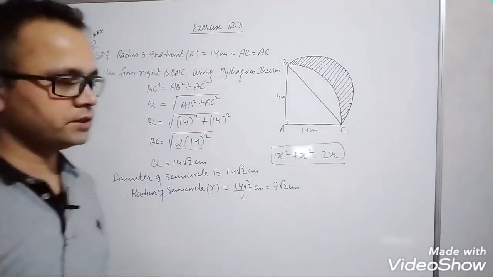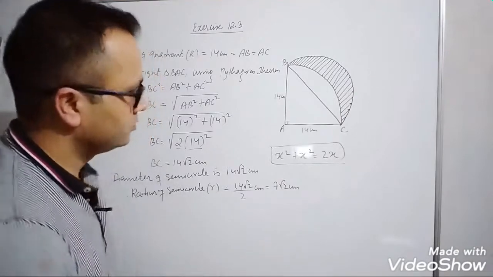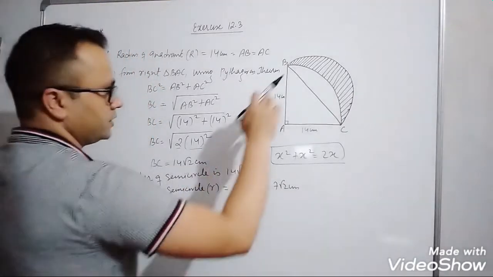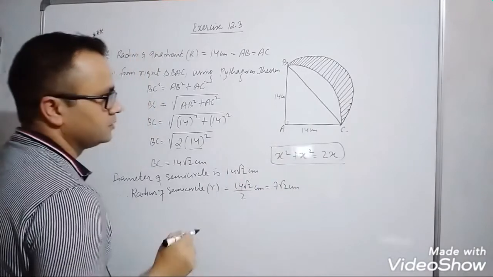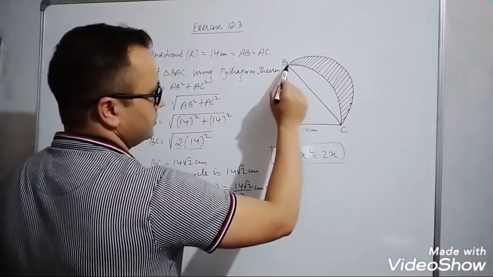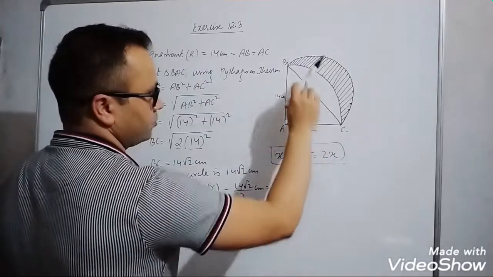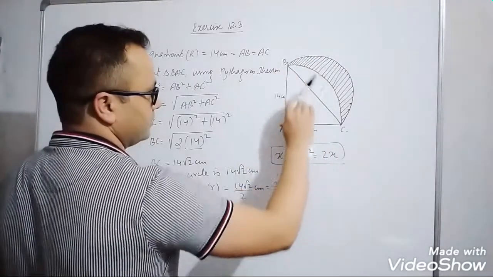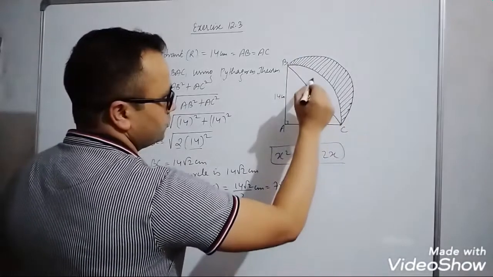Now we can calculate the area of shaded region. So for shaded region, first we have to calculate this part. If you subtract this triangle from the quadrant, you will get this part.